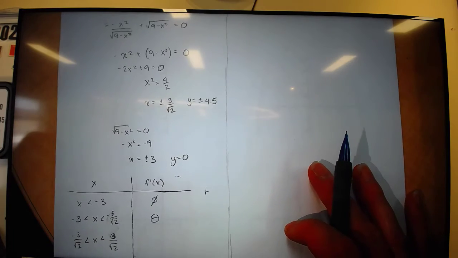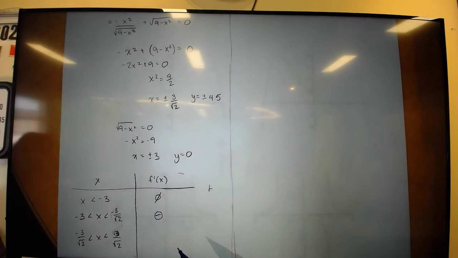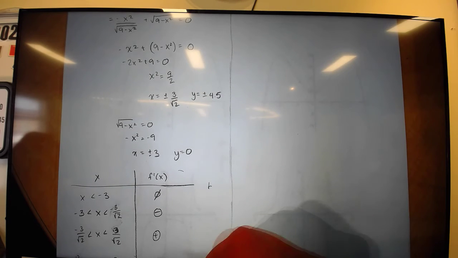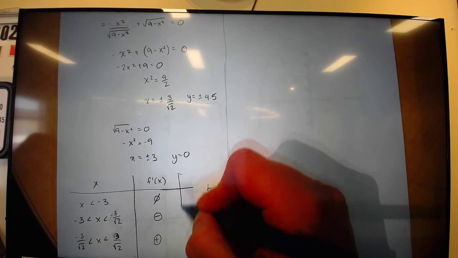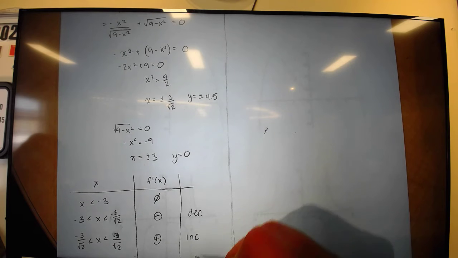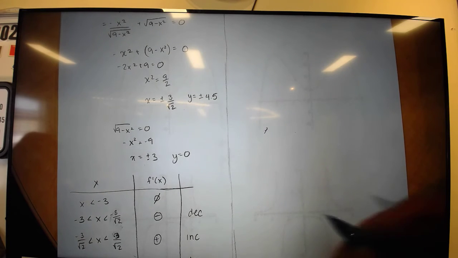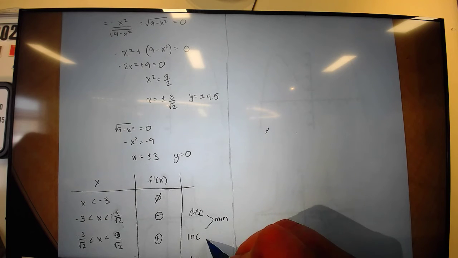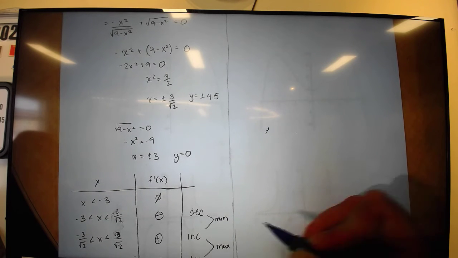So let's pick something other than a 0. When I do that, I get this as a positive. And then same deal here, pick a number between these two numbers, plug it in, I get a negative. So we know that this will be decreasing, increasing, decreasing. So between these two spots, we're going to have a minimum. Between these two spots, we're going to have a maximum.